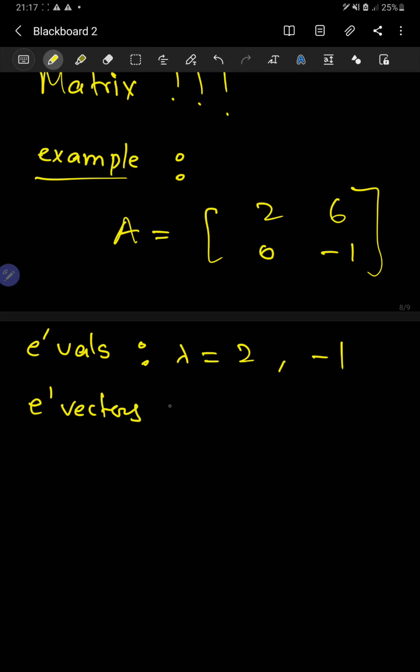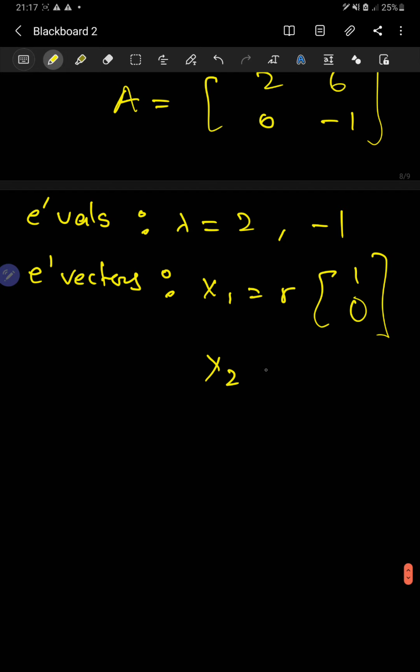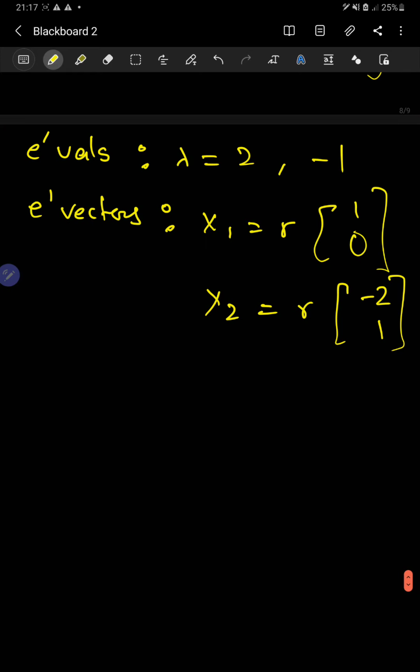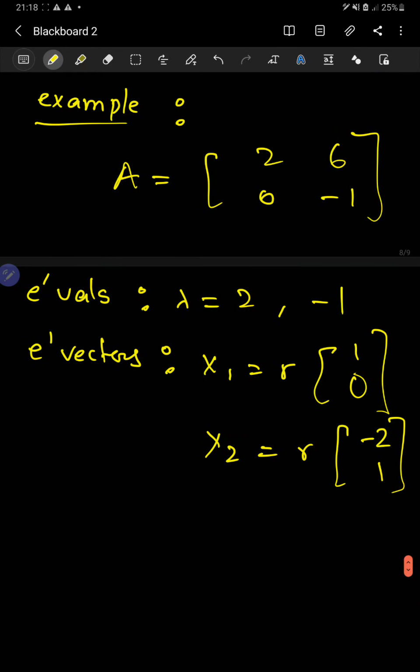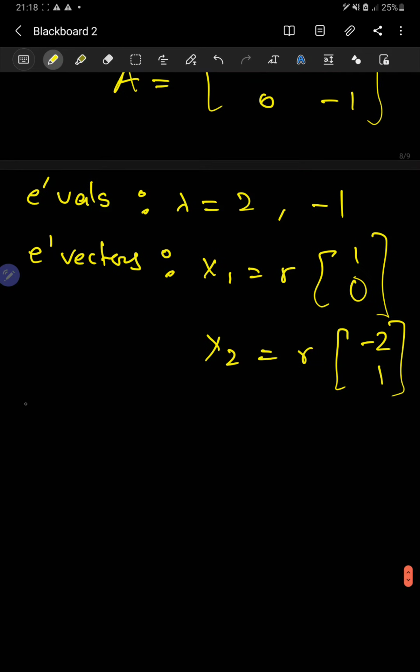Eigenvectors: x1 is r, where r is any number, and x2 is r times minus 2, 1. The reason I wanted to show the example is to show how you construct the matrix C. You might be confused about how to construct the matrix.